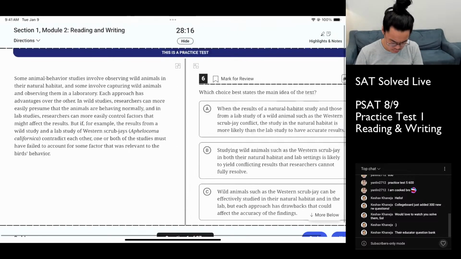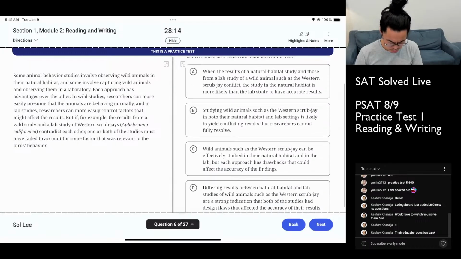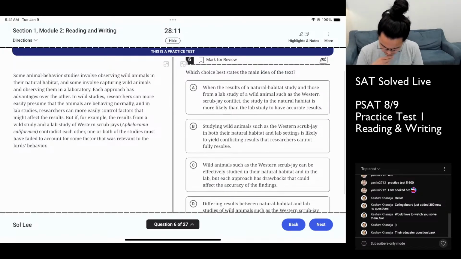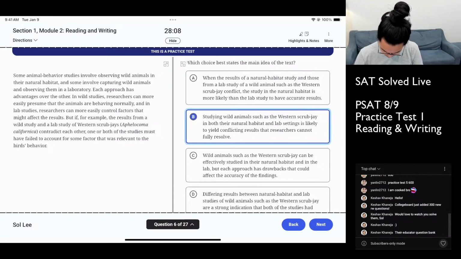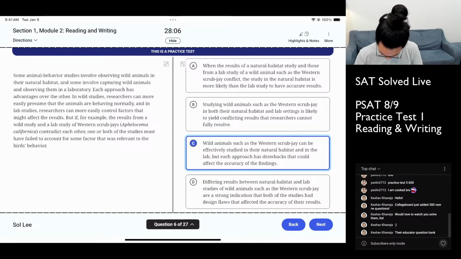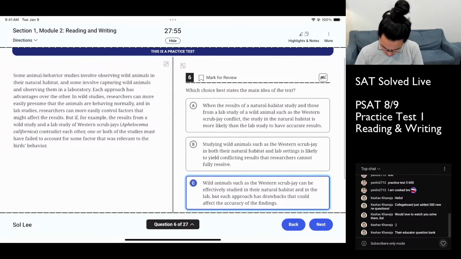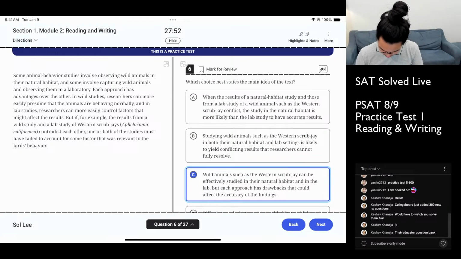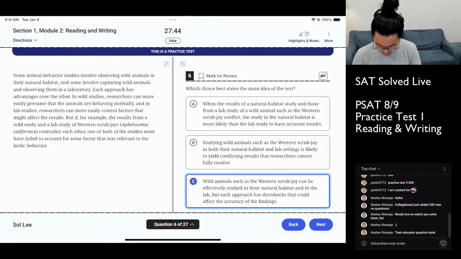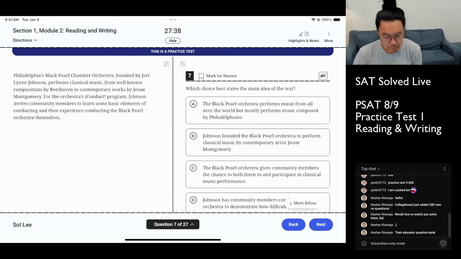So any failure, any contradiction is due to some mechanical error. Okay, maybe C. Yeah, D is definitely not the main idea. I'm just reading A because I skipped it the first time. Yeah, it's definitely C. Okay, moving on.